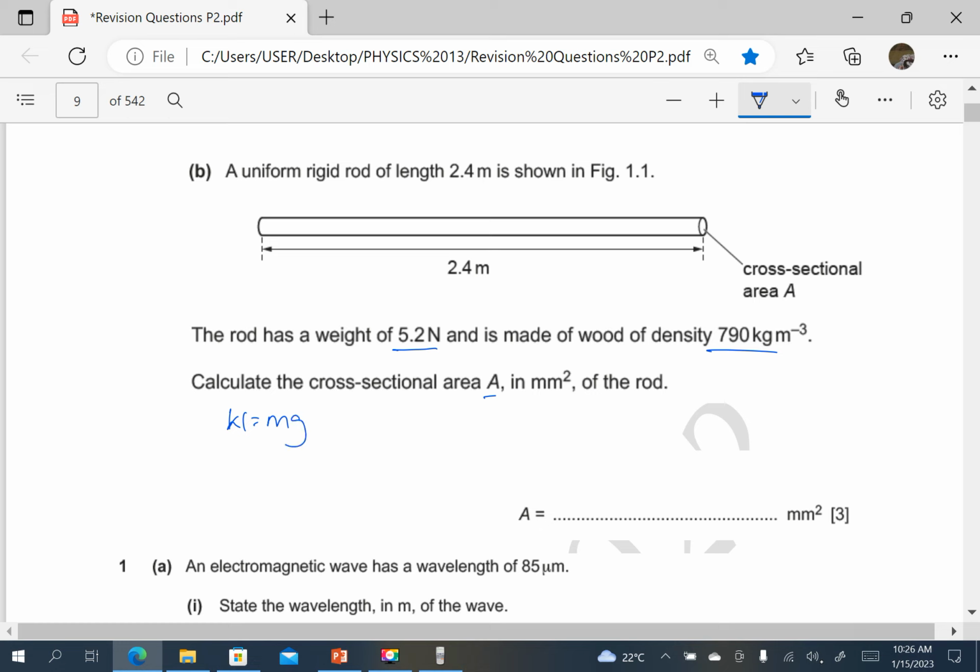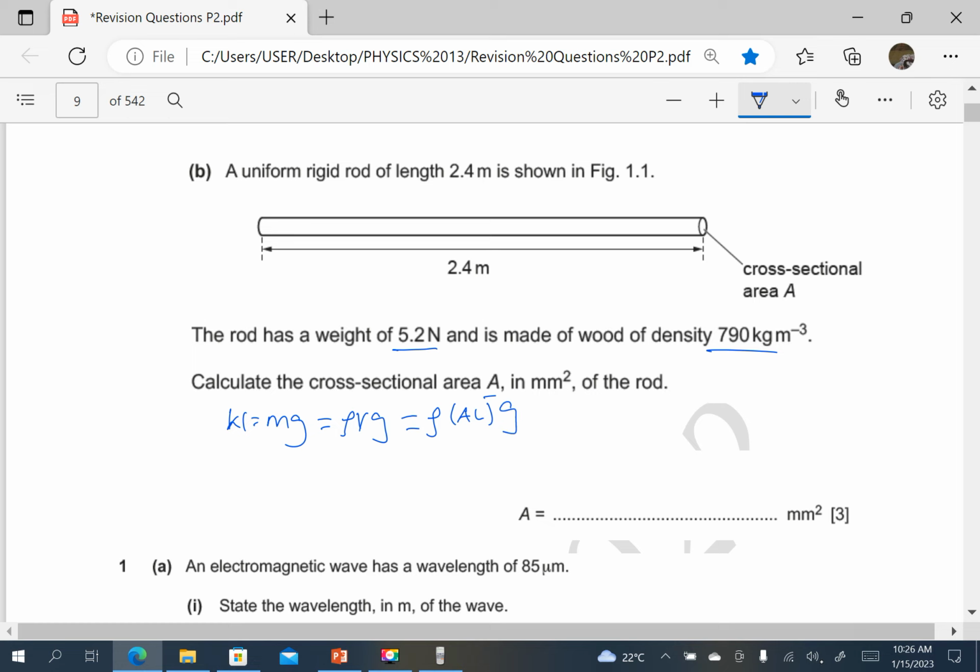But we don't have the mass directly. We know mass is density times volume. So this would be density times volume times g. We don't have the volume, but we have the length and cross-sectional area. Volume is cross-sectional area times length. So this would be density times cross-sectional area times length, then times g.